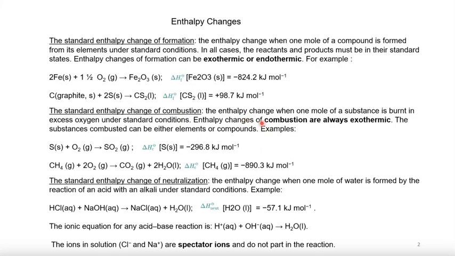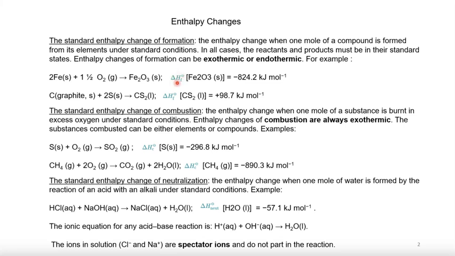So the standard enthalpy change of formation, what does it mean for us? It means that when we form a mole of compound from its elements, the enthalpy change in standard condition, we call that standard enthalpy change of formation. And it is symbolized like this.